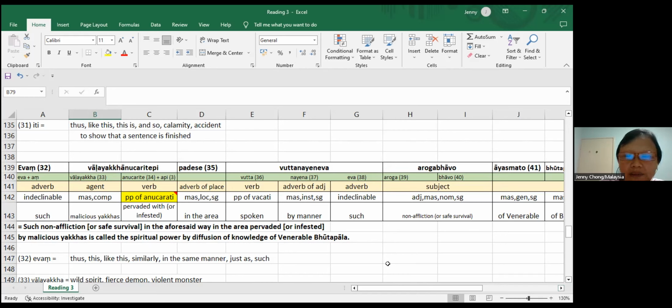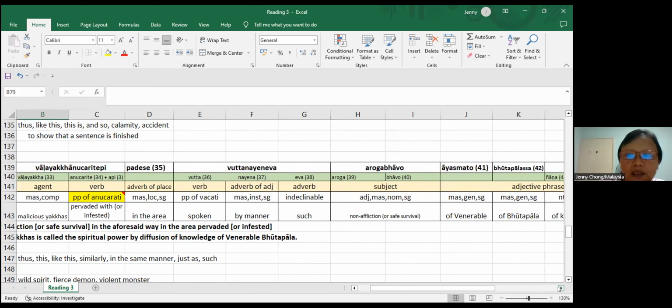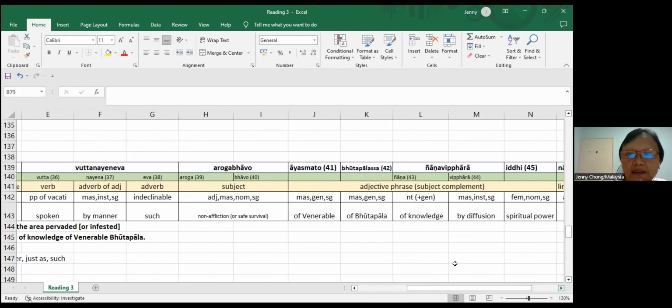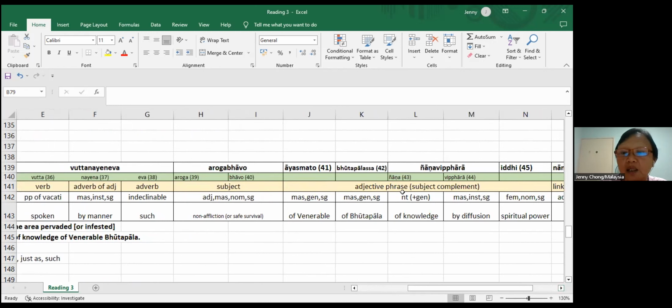This is a long sentence. Just to make it clearer for everyone, the phrase, the spiritual power of diffusion of knowledge of Venerable Buddha Pala, I classify as an adjective phrase, which complements the subject, explaining the power of Elder or Venerable Buddha Pala.